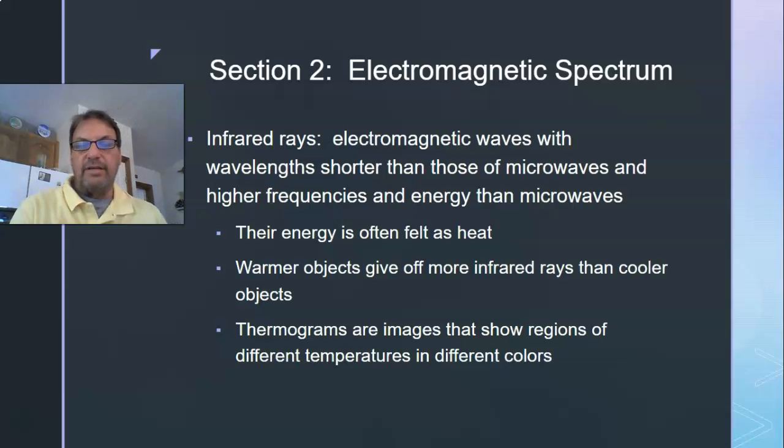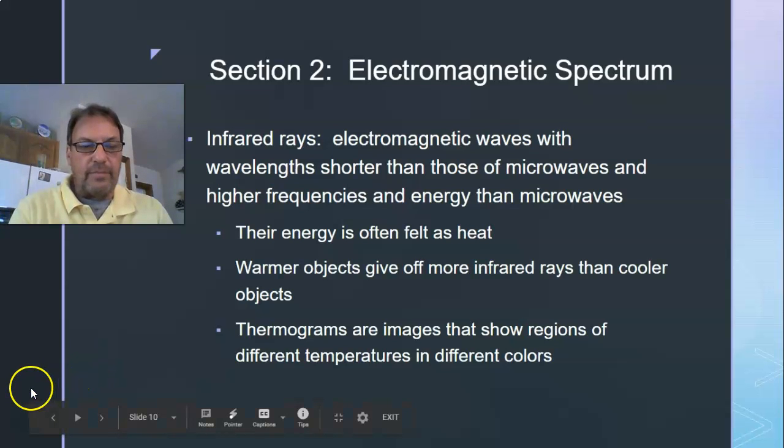The warmer objects give off more infrared rays than cooler objects. And so thermograms are images that show regions of different temperatures in different colors. And I think there are some creatures that could probably see more infrared. They can sense the heat coming off of something. Even though we visibly can't see that with the naked eye, we can look at things with an infrared light and be able to pick that up.